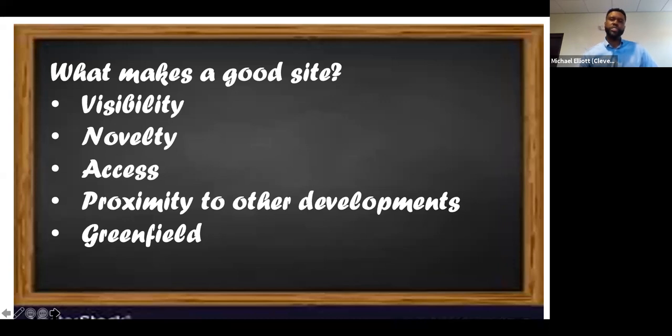When you're looking for a site, you have to understand: how do I make sure that as I invest in this particular location, I can cut as many costs as possible? If someone wants to develop a place in the city of Cleveland, they have to make sure they're doing that environmental work that somebody mentioned within the chat here. So again, good sites have these, but other types of qualities to make them attractive to a developer.